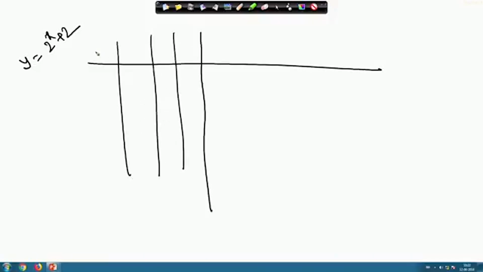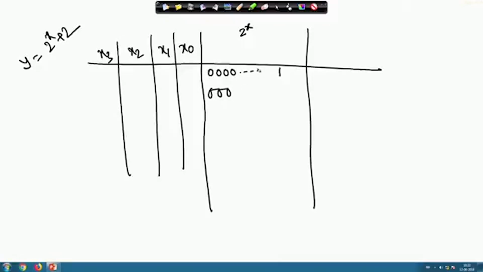We know that this is x 3, x 2, x 1 and x 0. For 2 to the power x, it will be something like this: 1, then 2, then 4, then 8, then 16, something like this I will get, for 2 to the power x.